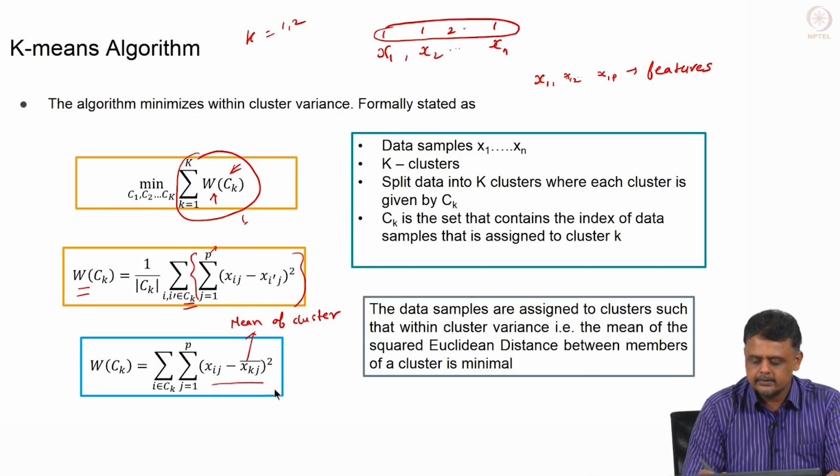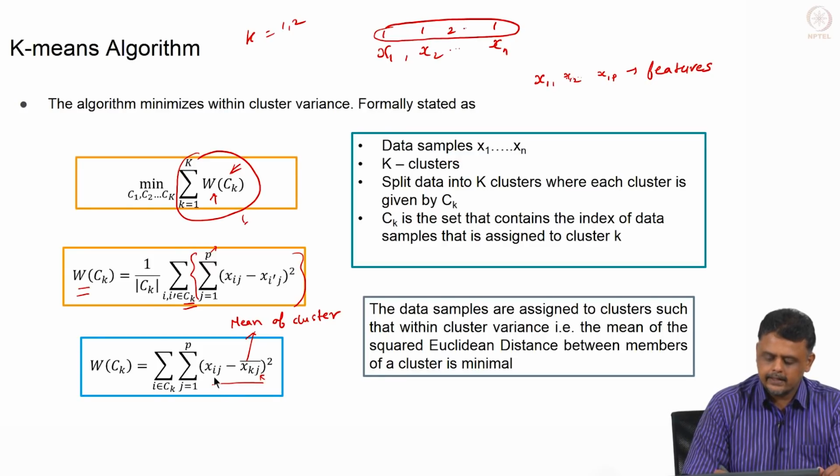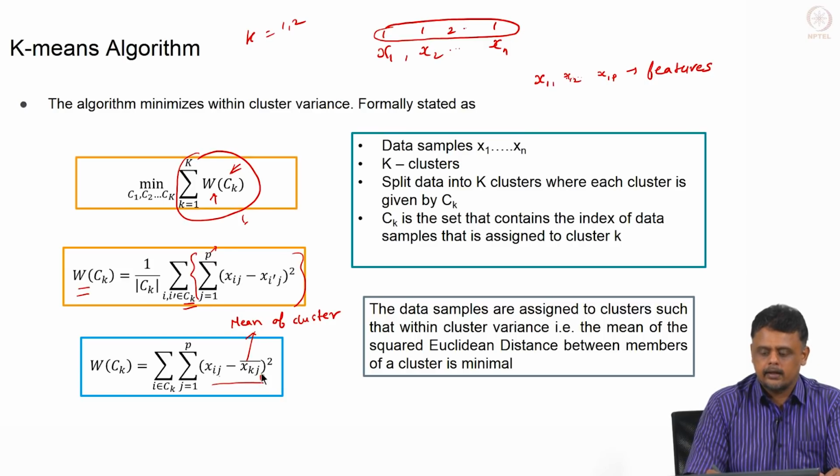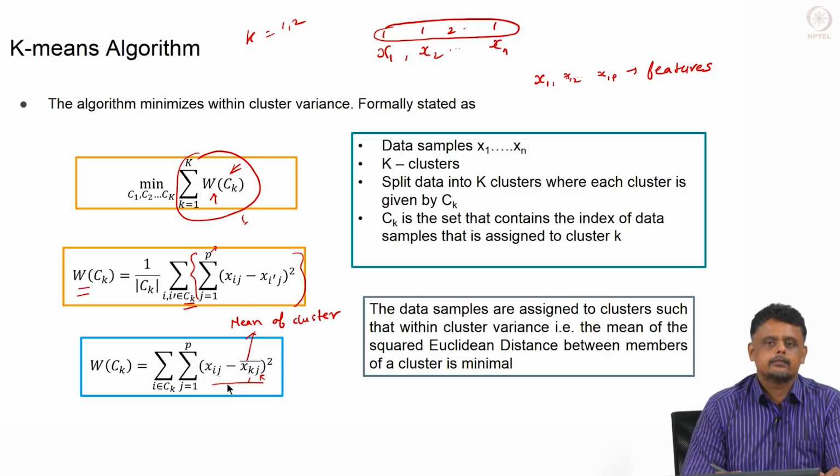It is the mean of the cluster k, and j is the feature index. So, xij is the ith element in cluster Ck and its jth feature, and xkj bar is the mean of the jth feature in cluster k.